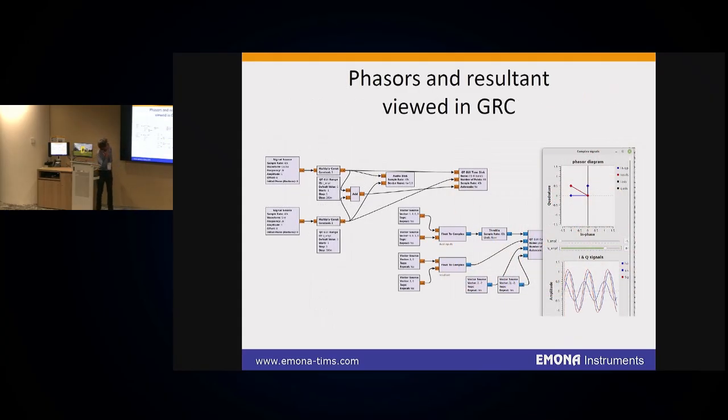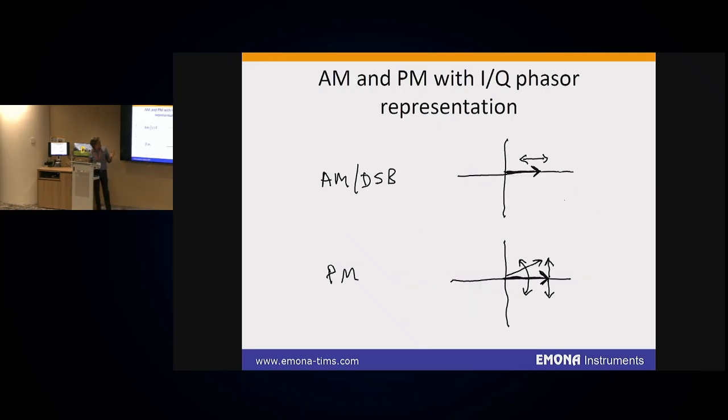So within GNU Radio, we're able to manipulate the amplitude of the in-phase and quadrature signals, thus giving a resultant signal with a variable amplitude and variable and fully controllable phase. The phasor representation is very helpful. It shows a single frequency and shows the phase and amplitude of that particular component.